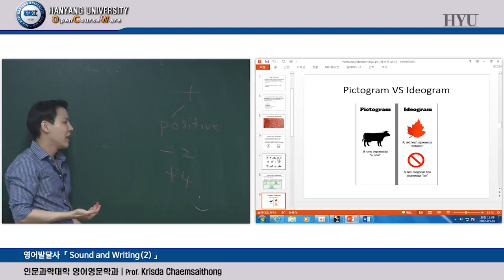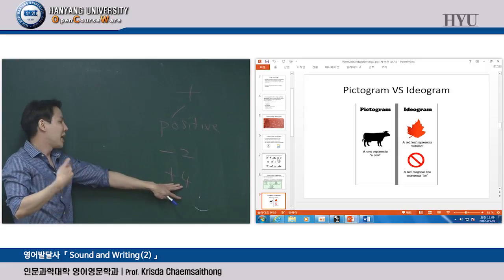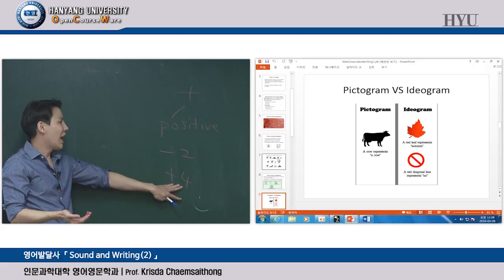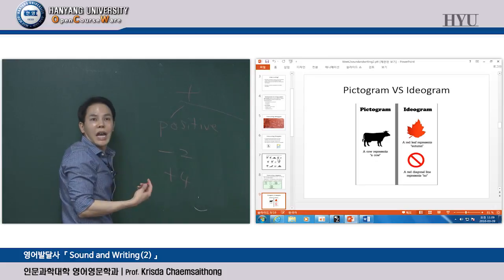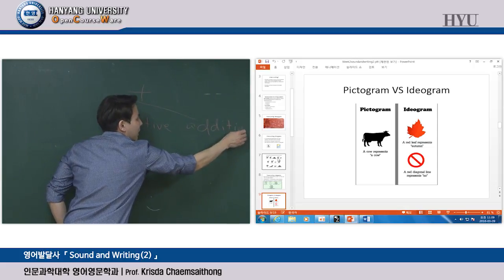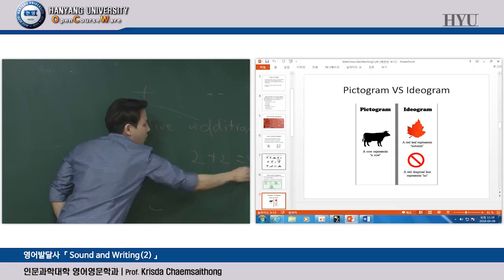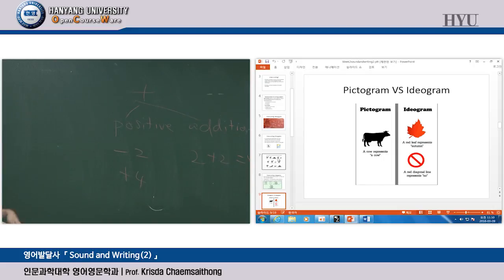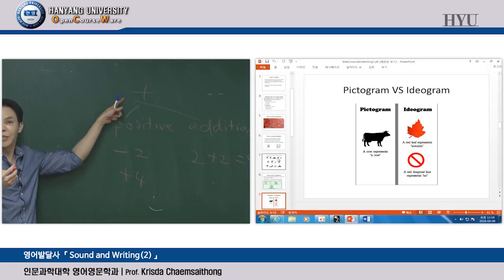Plus 4 degrees Celsius, as opposed to minus 2. Or it could represent the idea of addition, for example, 2 plus 2 is 4. So you can see that at least there are two concepts associated with that symbol. So it's an ideogram.